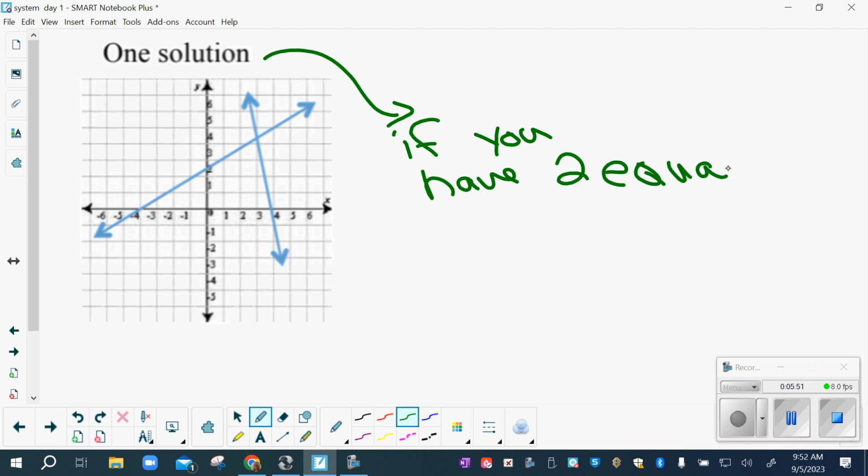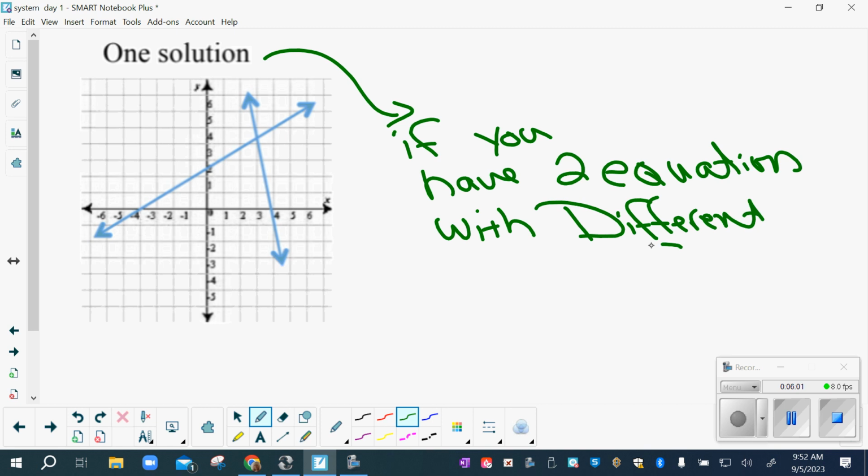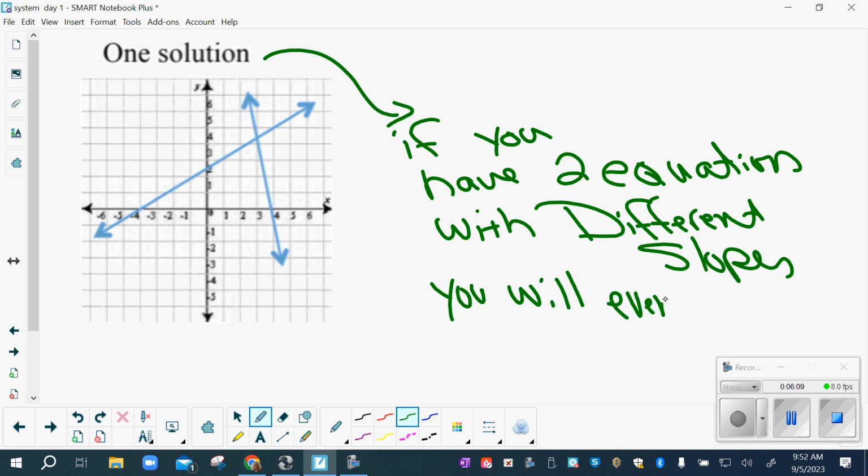If you have two equations with, this is important, different slopes, you will eventually, maybe it'll be a while, get one answer.